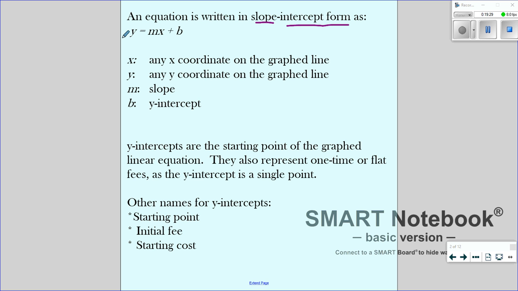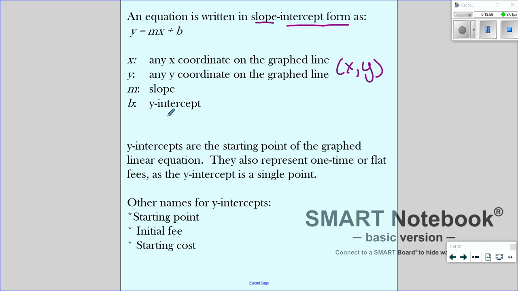You're going to hear that a lot. Y and x represent the coordinate on the graph, your x comma y, the points that you plot. Your slope is the rate of change, represented by m, and your b is your y-intercept. B is where you begin.